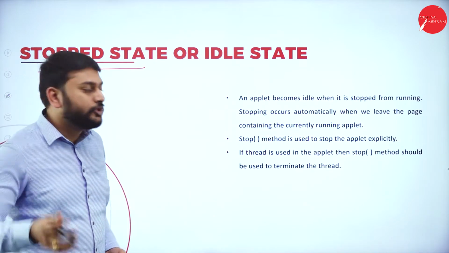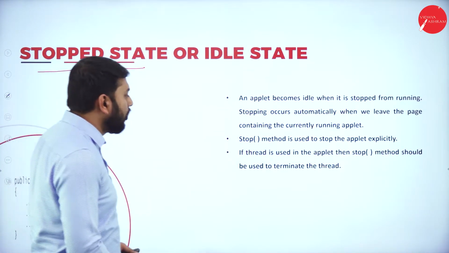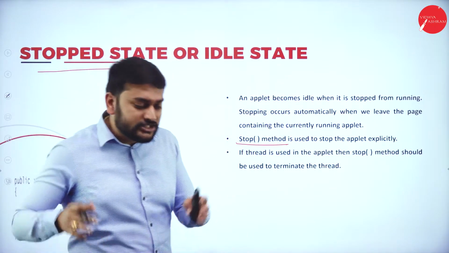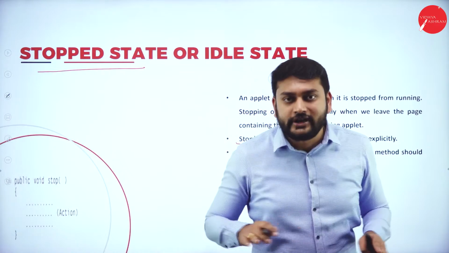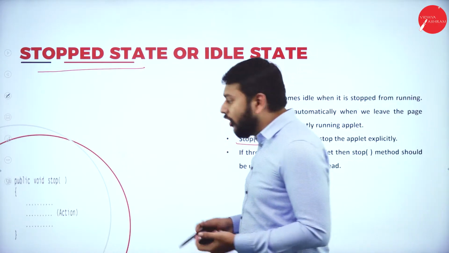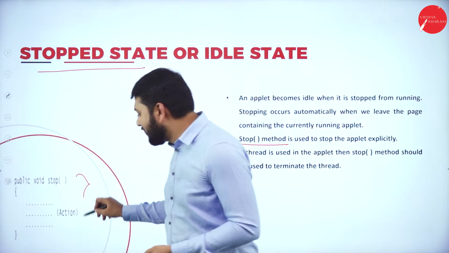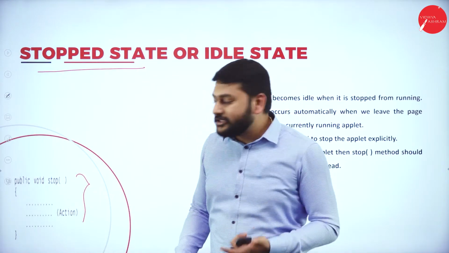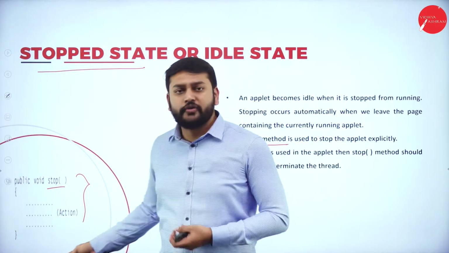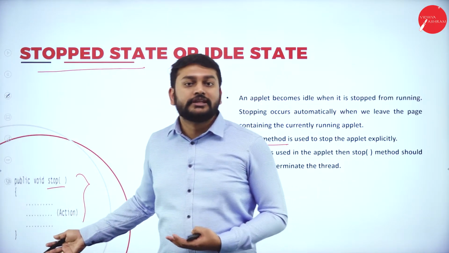So how will it happen? By calling the method, that is the stop method, to explicitly stop the execution of an applet. So that's what you need to remember here. So fine, you all understood, and this is the snippet that you should remember. What is the method that you will use? You will use the method called stop, and you will specify whatever action you want to take inside this method.